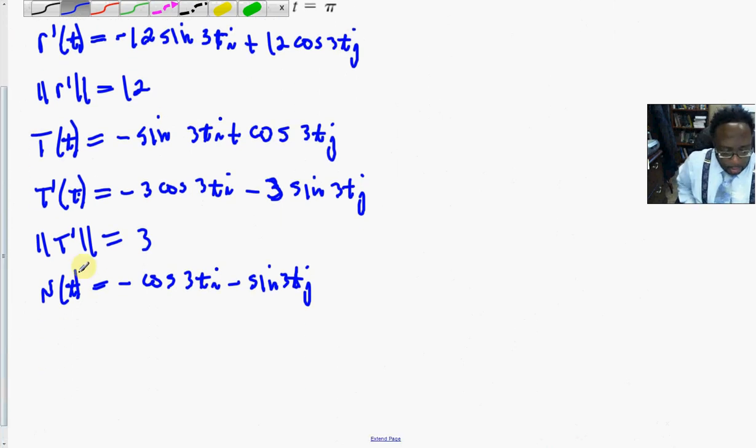Okay, and so if that be the case, we need to find the acceleration. This is going to be r double prime of t.